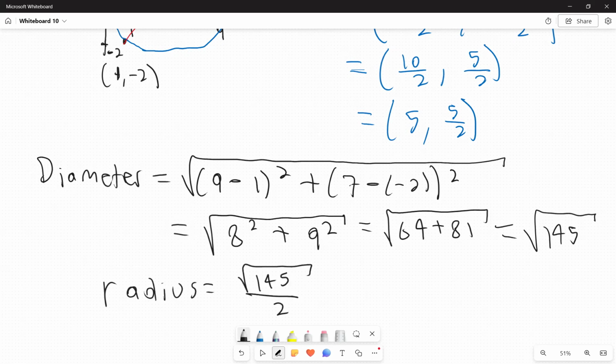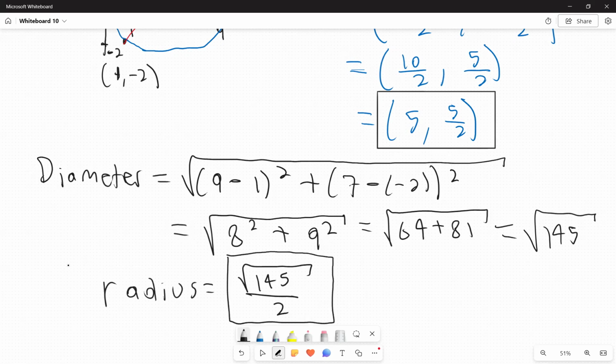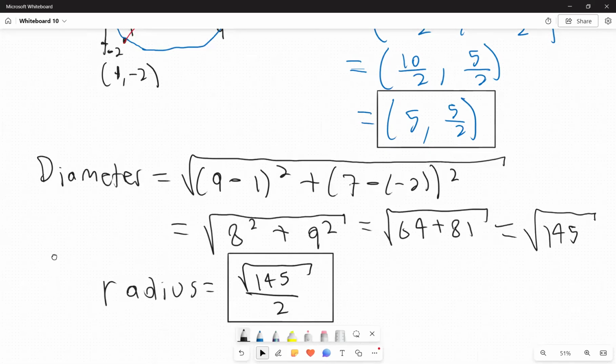Okay, so we have the center, we have the radius, and we're going to put this together to get the center radius form of the equation of the circle.